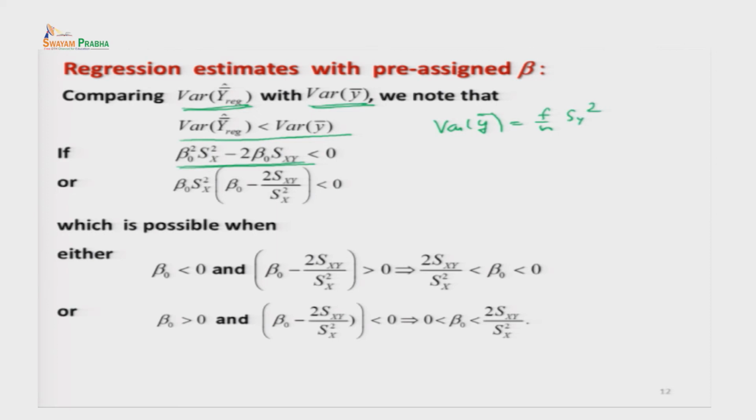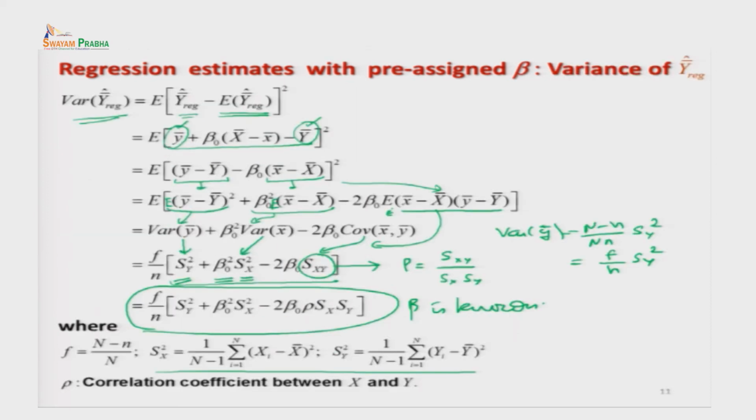And you can see here from this expression also, I will use a different color, that this is the quantity which is the variance of y bar under SRS WOR. So if you take it on the left hand side, the remaining quantity here is this thing.